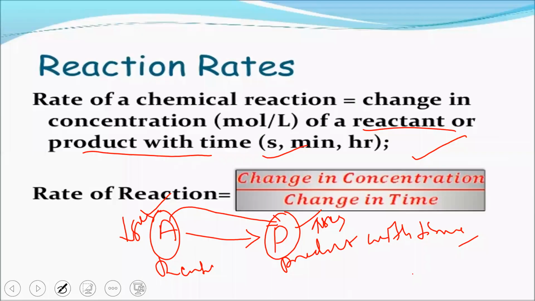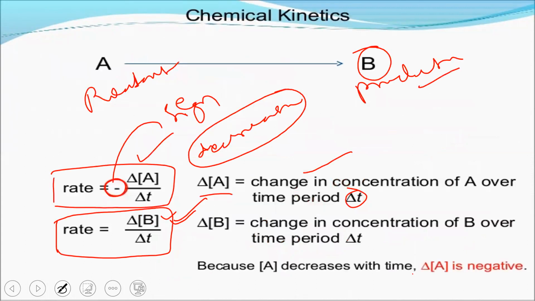And the rate of the reaction. Rate of the reaction means the change in the concentration of the reactants or products with time. So you can express the rate of the reaction with respect to A, the reactant: minus delta A by delta T, where delta means change in concentration.